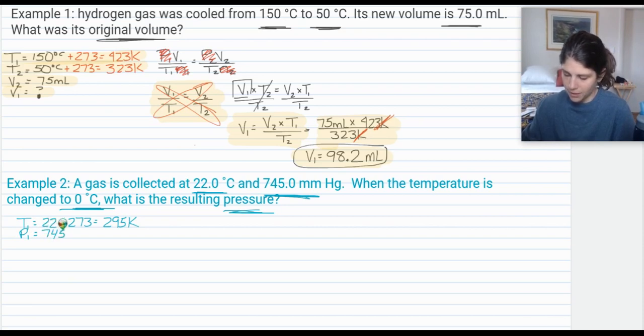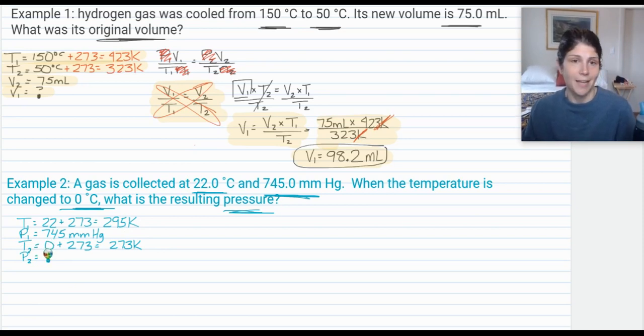We use atmospheres in this class, so we're going to need to convert it, but no prob. We'll get that done. It says when the temperature is changed, so my final temperature, T2, is 0 degrees Celsius. But again, let's just add 273 to it, so it's in Kelvin. So that's 273 Kelvin. 0 plus 273 is 273. And it says, what is the final pressure? So P2, well, that's unknown. That's what we're solving for.